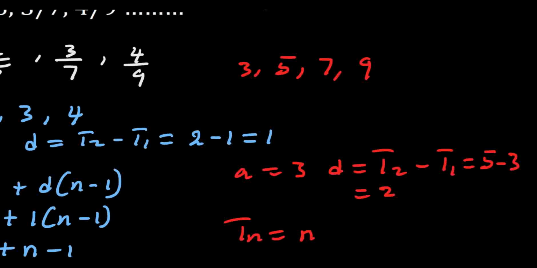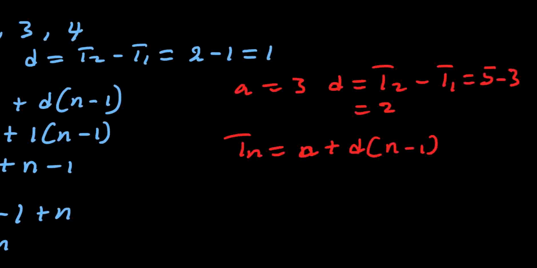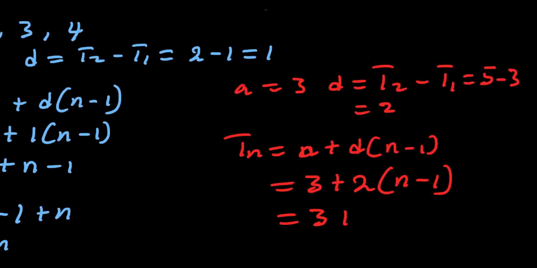So now the nth term will be equal to A plus D, parenthesis n minus 1. So now let's plug the value into that. So this will be equal to 3 plus the common difference 2, times n minus 1. So this will be equal to 3 plus 2 times n is 2n, and 2 times -1 is -2.